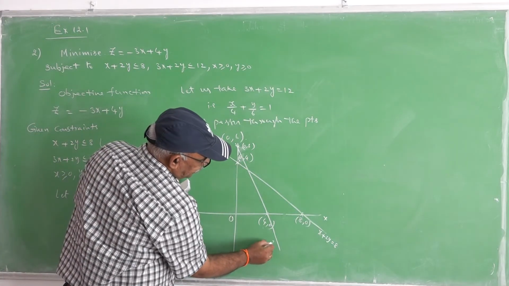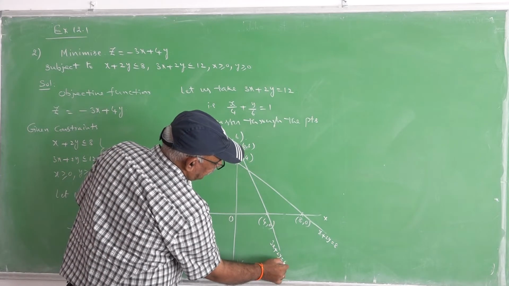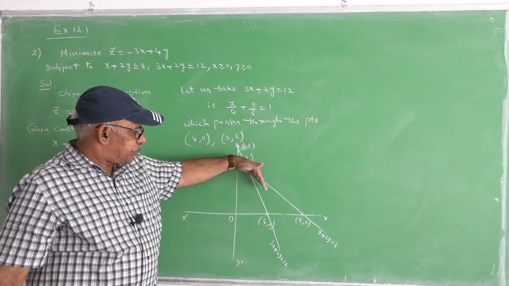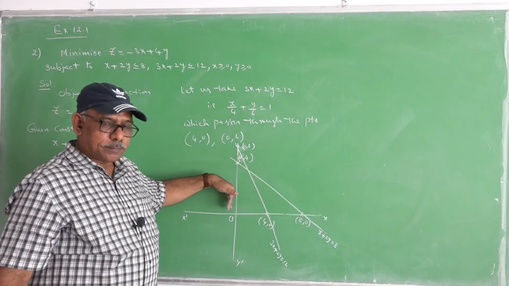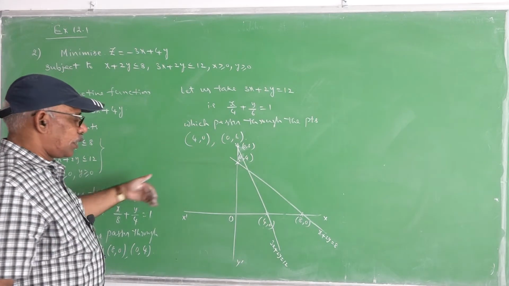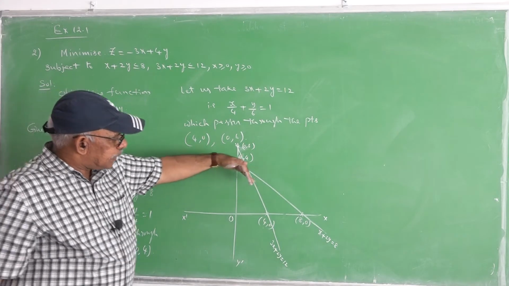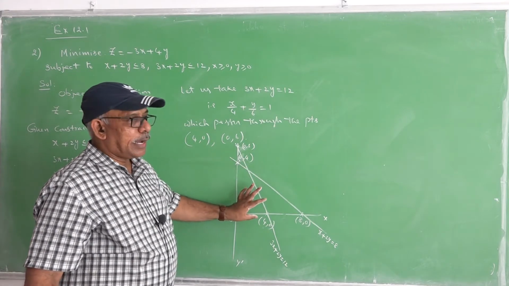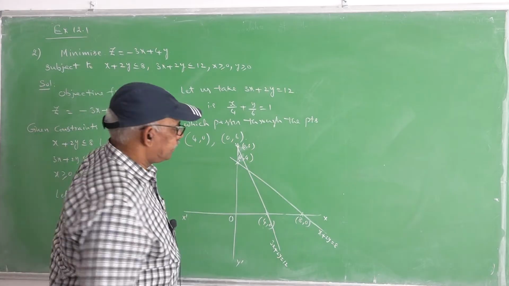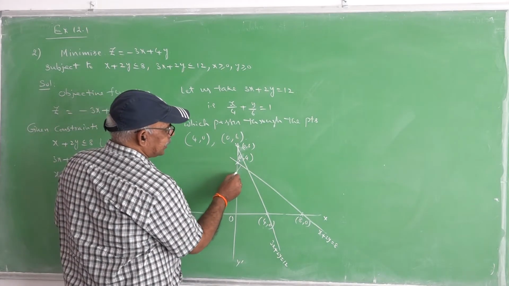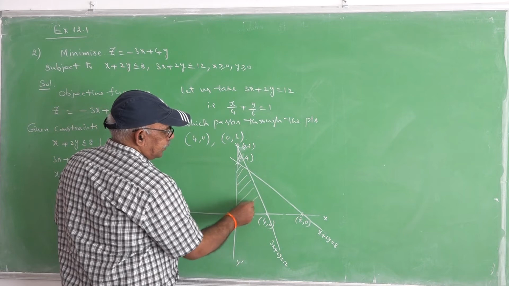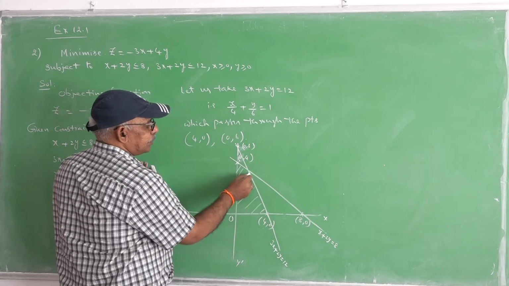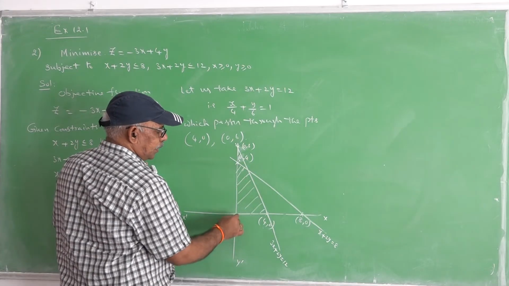This is the line 3x plus 2y equal to 12. So the region is below this line and below this line, because less than or equal to 8 and less than or equal to 12 means you have to consider the region below this line and below this line, which is confined to the first quadrant. So that region is clearly this region. The region which is below this line as well as below this line is the required feasible region.